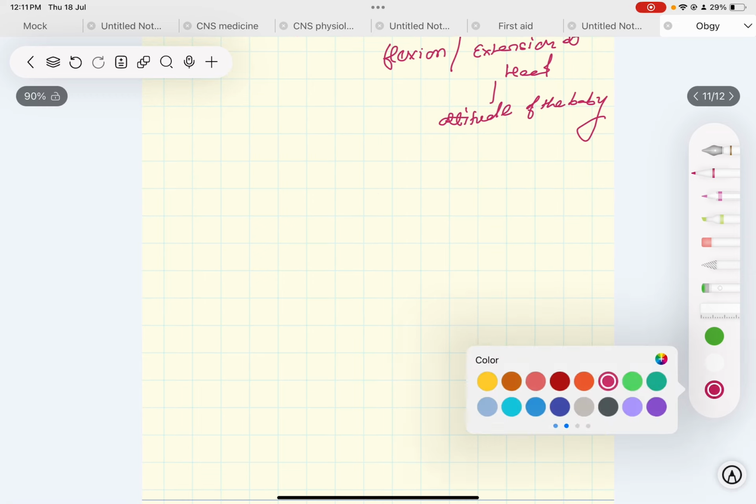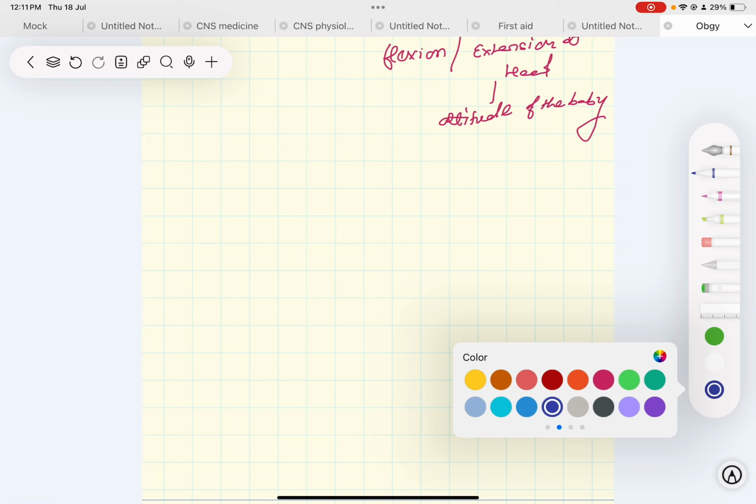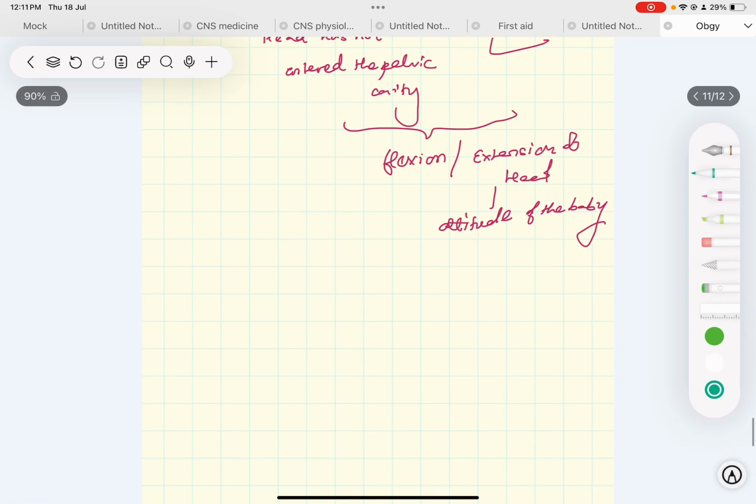Now what is engagement? Engagement is when the largest diameter of the fetal head crosses the pelvic brim. So we have to differentiate between engagement and the station.